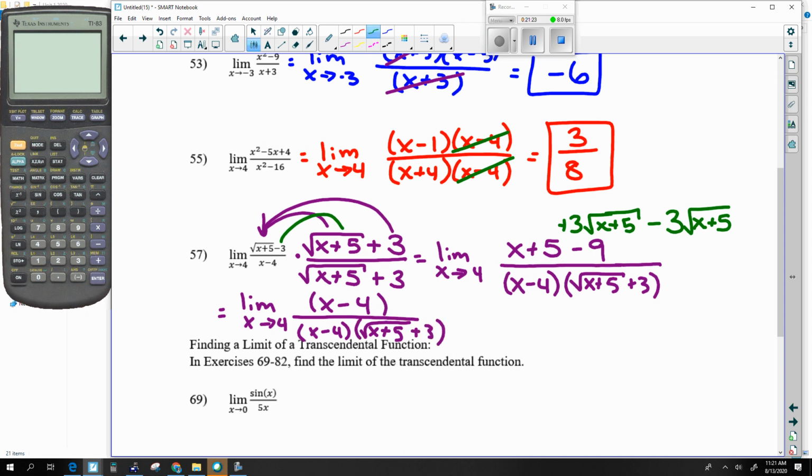So now I see that there is a simplification with the x minus 4. Now it's absolutely legal for me to be putting in that 4 for my x. So the denominator is no longer a 0, it's something, so I can plug it in. 4 plus 5 is 9. Square root of 9 is 3. 3 plus 3 is 6. The numerator was canceled, that's 1.